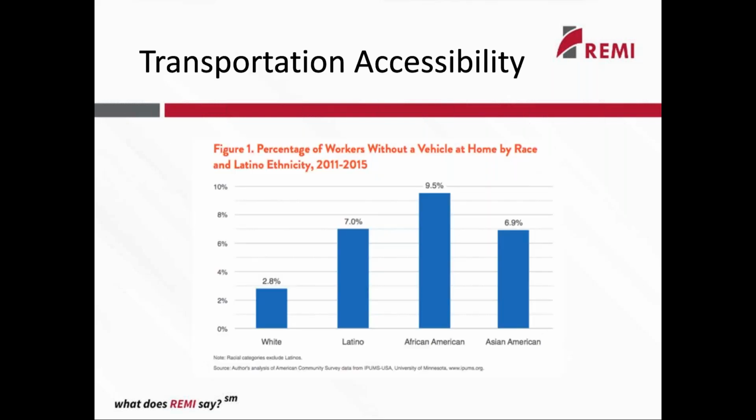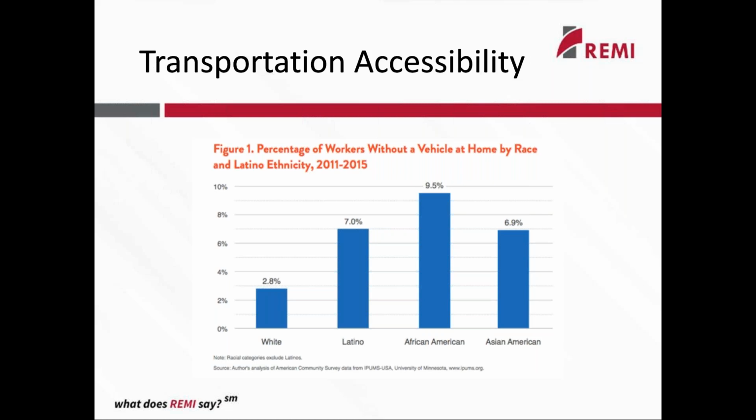A reason that transportation specifically is such an important topic when it comes to DEI issues, I think one way to illustrate this is in this graph from the ACS, where we can see the percentage of workers without a vehicle by race and Latino ethnicity.